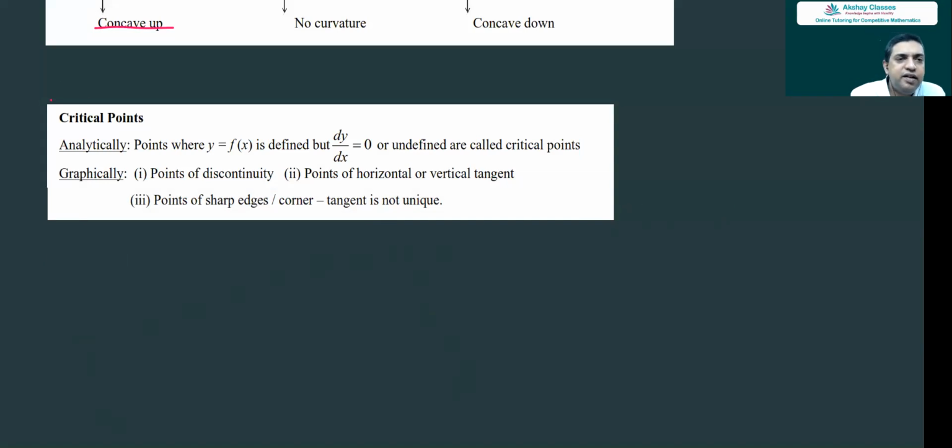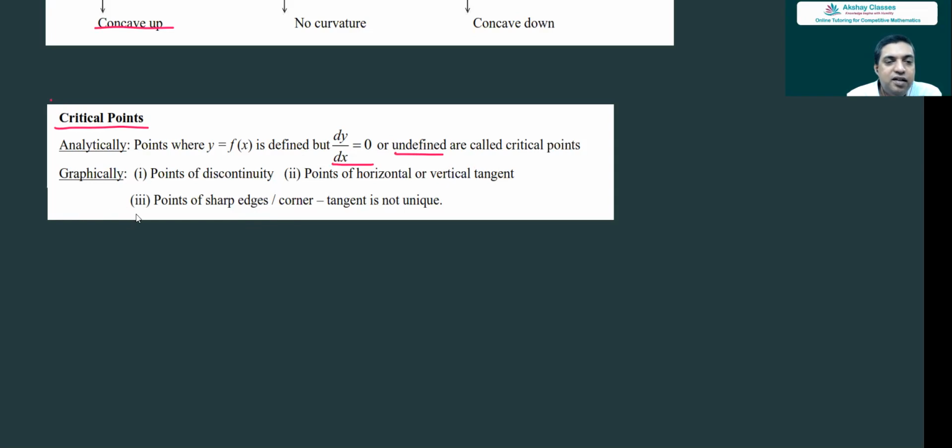So which are the critical points that we need to examine for maxima and minima? Points where f of x is defined, but the derivative is 0 or undefined, these are called critical points.